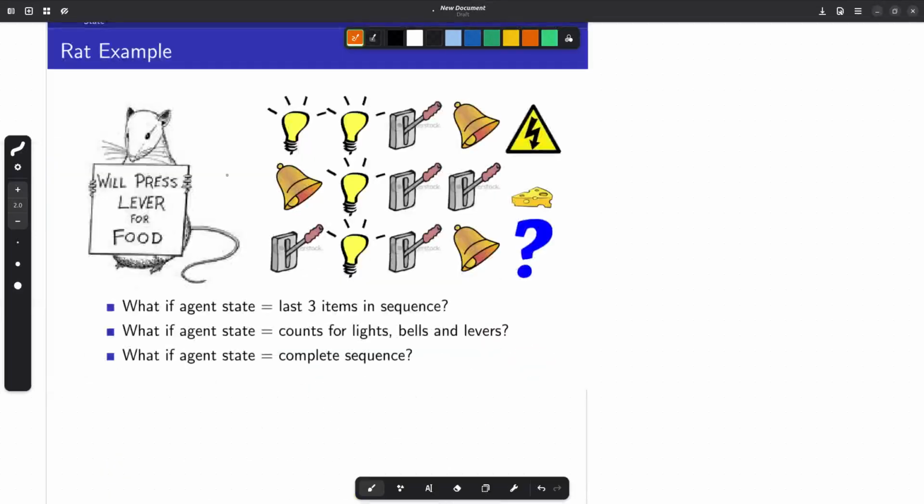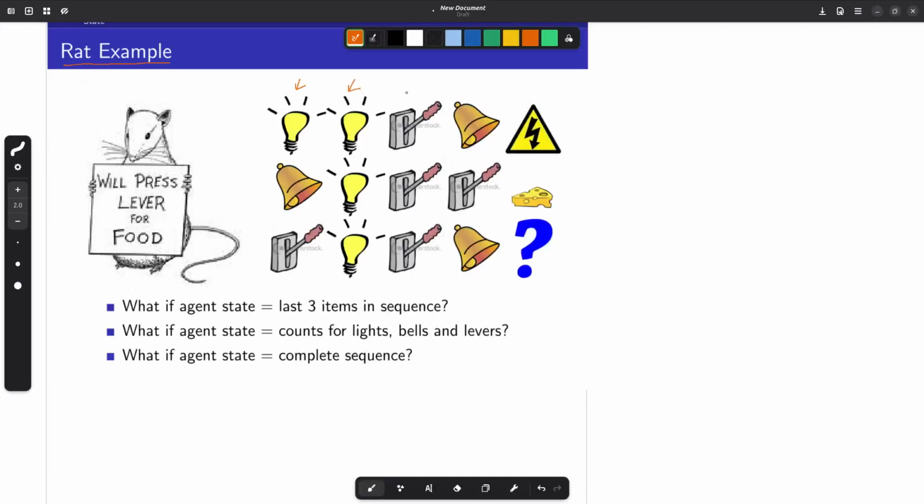Okay, let's see an example of choosing a state, how we represent it in state. Let's say that we have a rat, put yourself in the position of a rat. Our rat is in a cage, and it sees a light. Again, it sees a light for the second time.